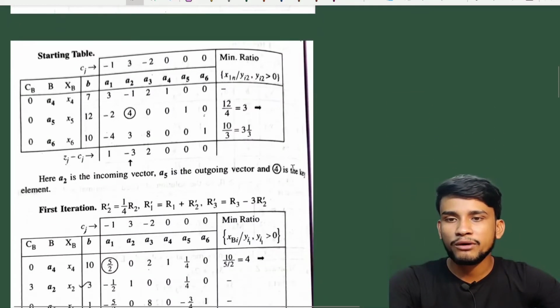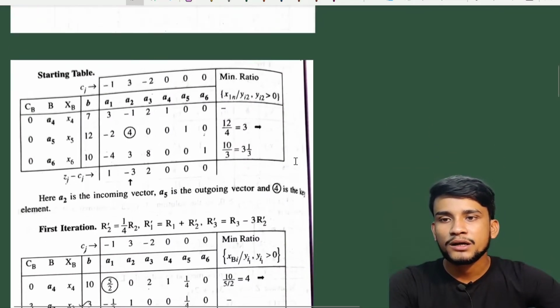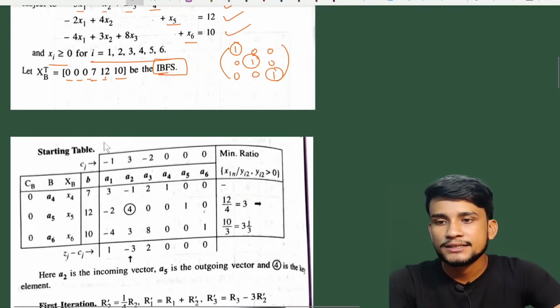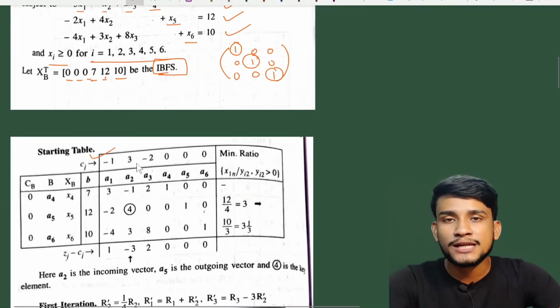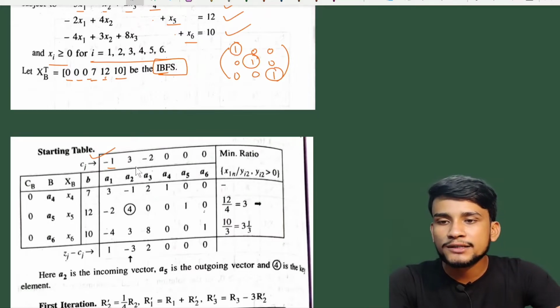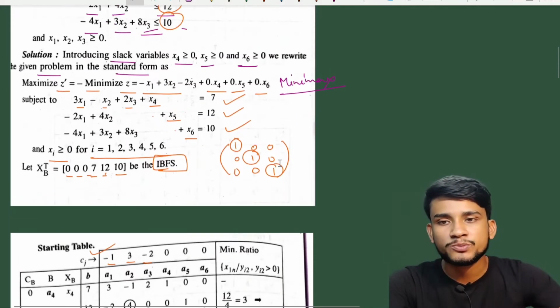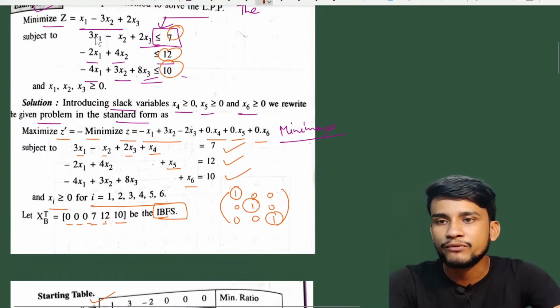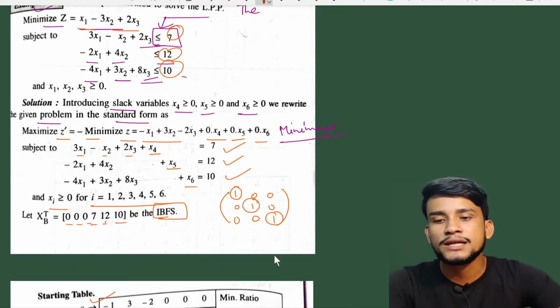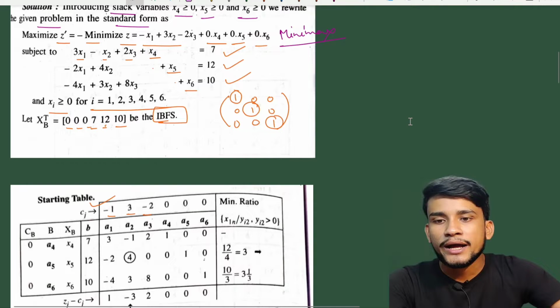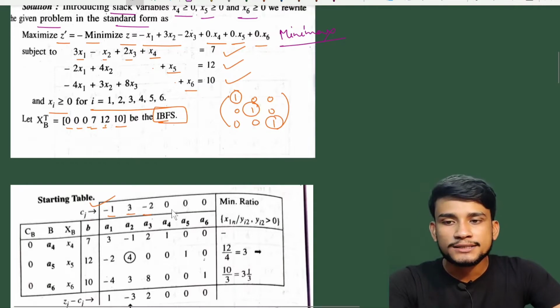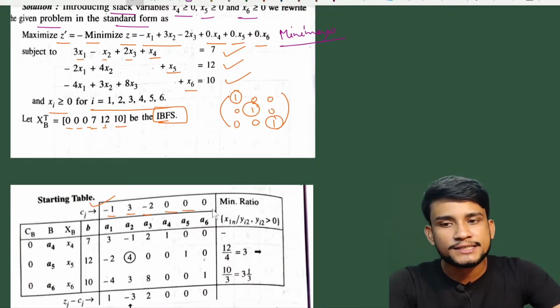Now we write the starting table for the simplex method. Here we write the Cj's. The costs corresponding to the slack variables must obviously be 0. So 1, minus 1, 3, minus 2 are the costs corresponding to the variables x1, x2 and x3, and the costs corresponding to the slack variables x4, x5 and x6 are 0 0 0.